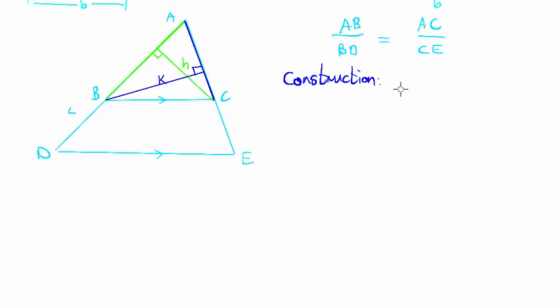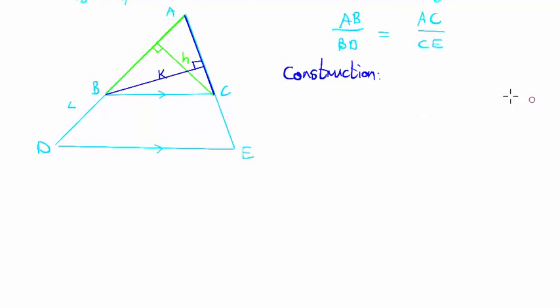before I write out my construction, I think it might be helpful if you know where I'm going. Then you might understand why I am making this construction. I'm going to take the area of triangle ABC and divide it by the area of triangle DBC.